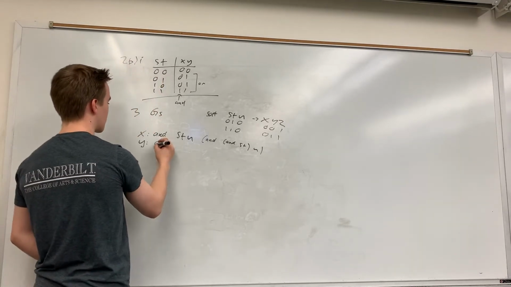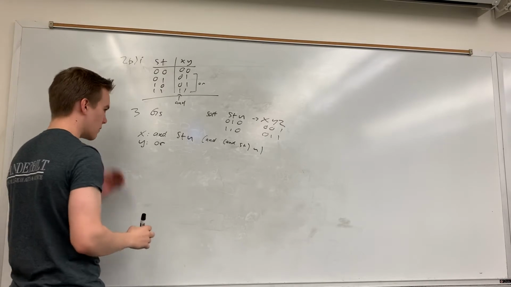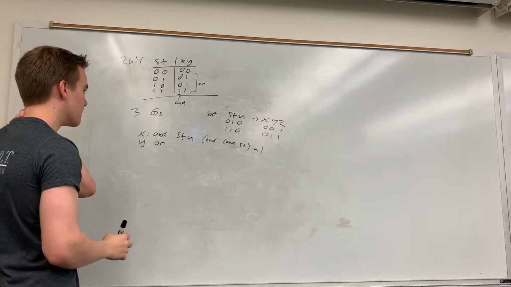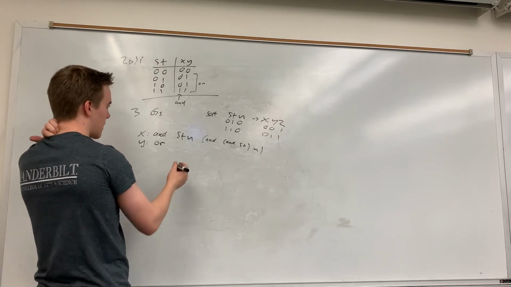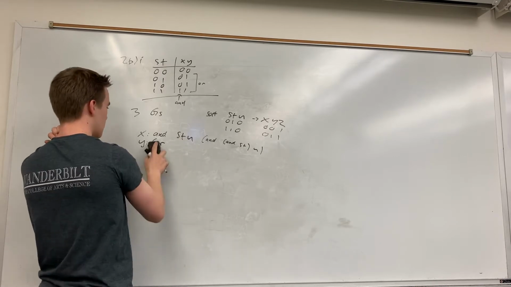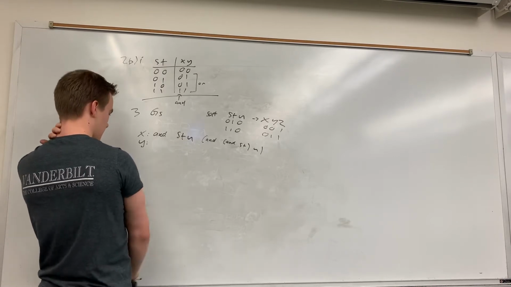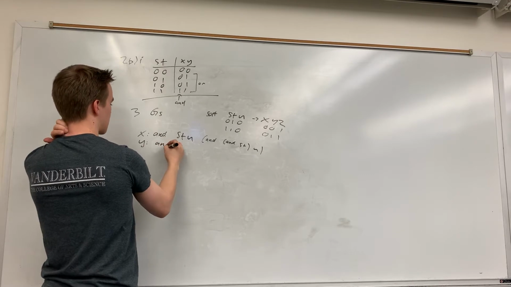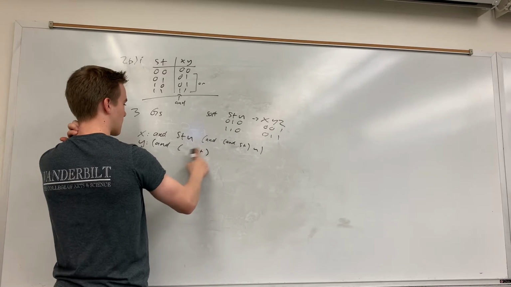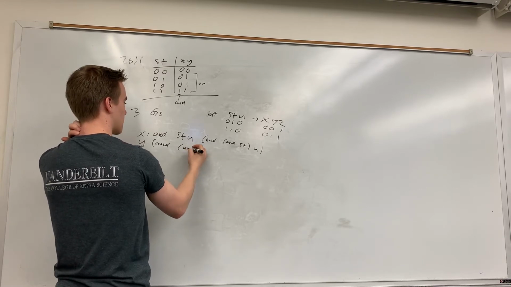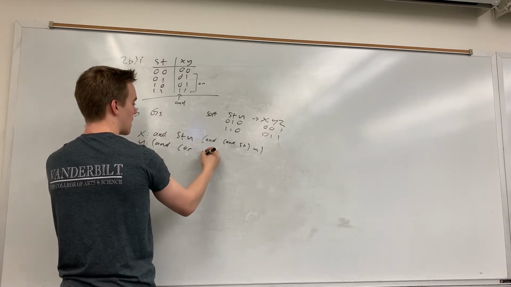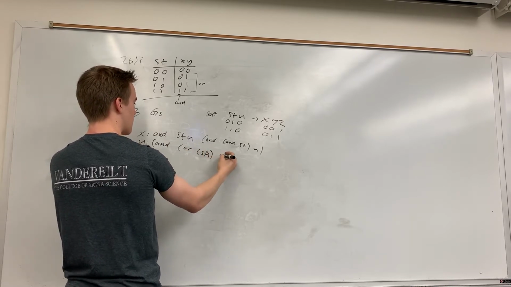So maybe I'll write it as like the or of, so an interesting way we can write this is like, we'll write it actually as an and of or s t, let's see, and or s t u, right?